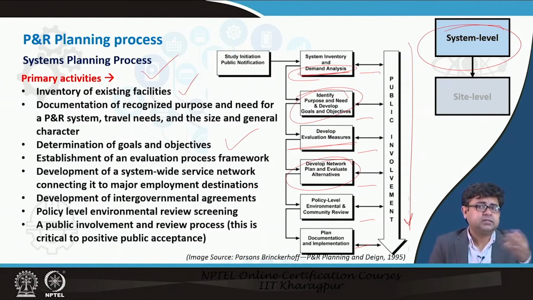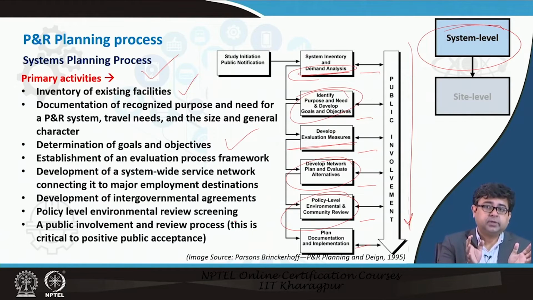So there are many strategies that you can develop in order to attract more transit ridership and have at least one or two alternatives in place. Environment level, policy level environmental and community review, of course, has to happen from time to time. Sometimes people queuing up at these park and ride lots to enter or leave may make that park and ride lot spot an environmental hotspot, right?